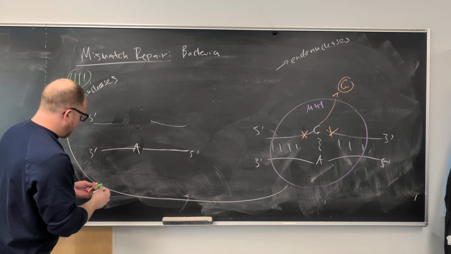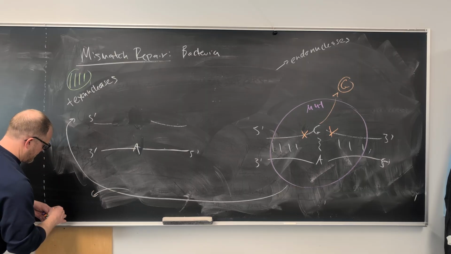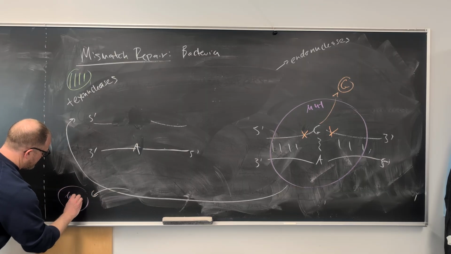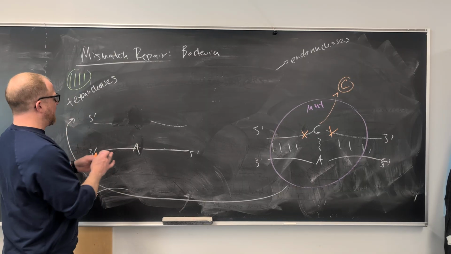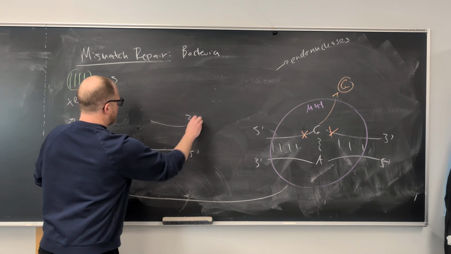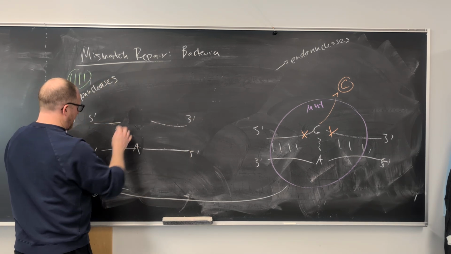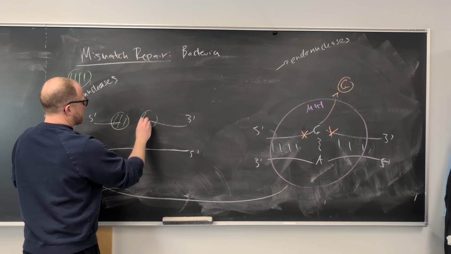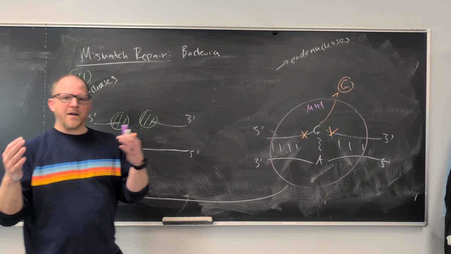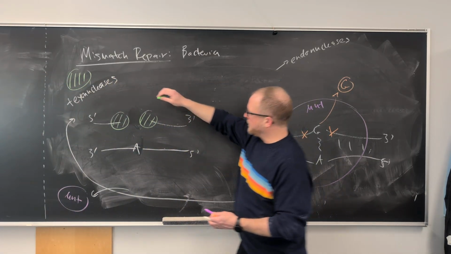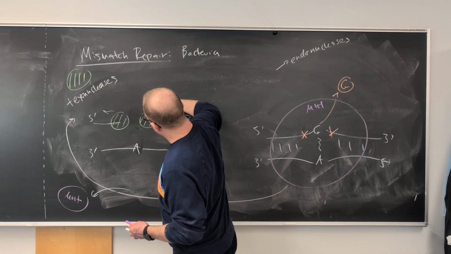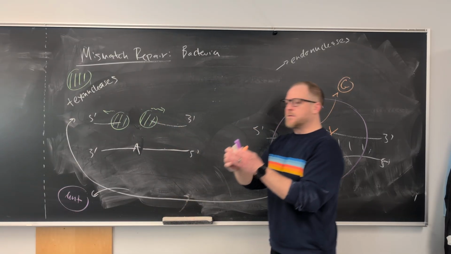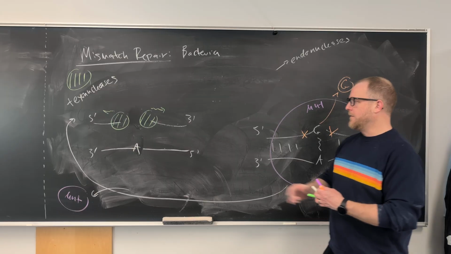So mu proteins take off, and then these exonuclease proteins latch on here and here. And as their name suggests, they have the ability to degrade DNA from the ends. And so they claw back here and here, and they expand that gap, okay, on this top strand.